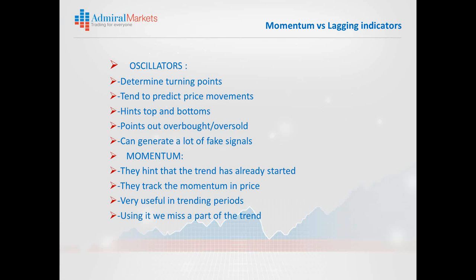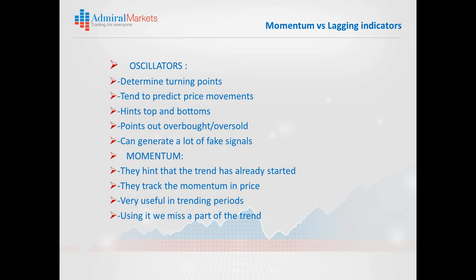So oscillators aim to solve the problem by identifying indicator levels that hint at tops or bottoms, helping our decision process, right? That is why oscillators were basically developed. They want to hint at the top and bottom, point you to enter long and short, and say this is overbought or oversold. But the main problem is that they can generate a lot of fake signals.